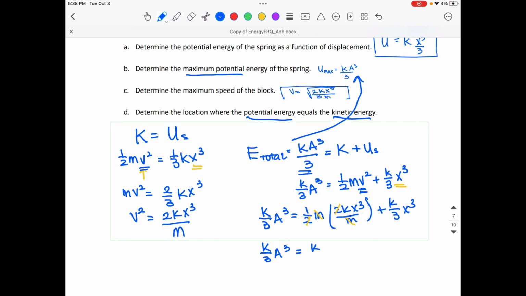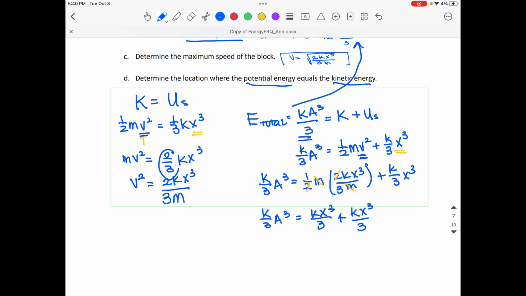Oh, I lost a 3 here. Sorry, this 2/3, I lost my thirds. So I need a third here. And I knew something didn't look right. So it should be 2kx cubed over 3 plus kx cubed over 3.